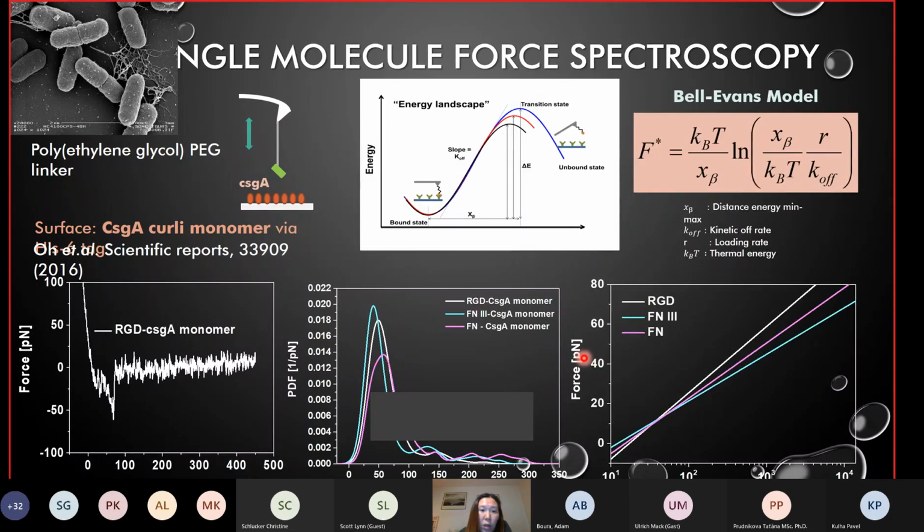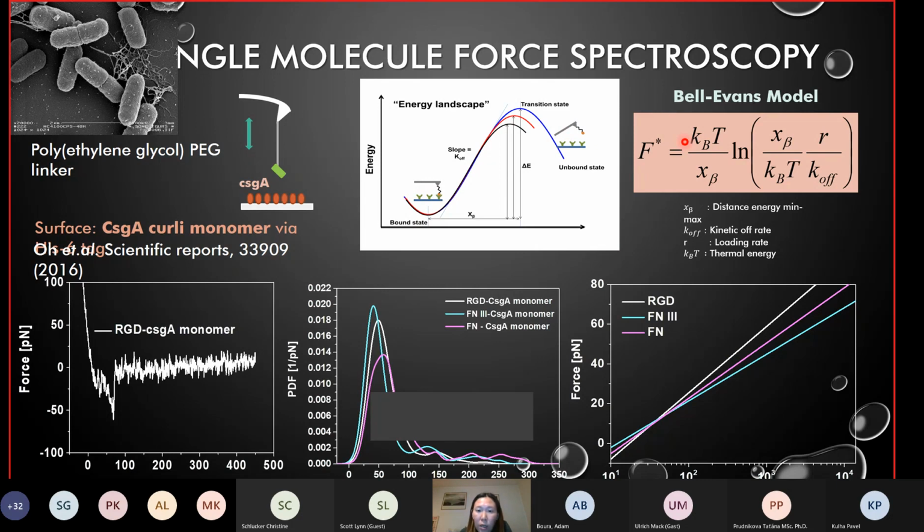And furthermore, we can also vary the pulling speed of this experiment, and then plot it as force versus loading rate, and apply the simple single energy well model, which is the Bell-Evans model. And we can basically extract the kinetic off rate of this interaction.